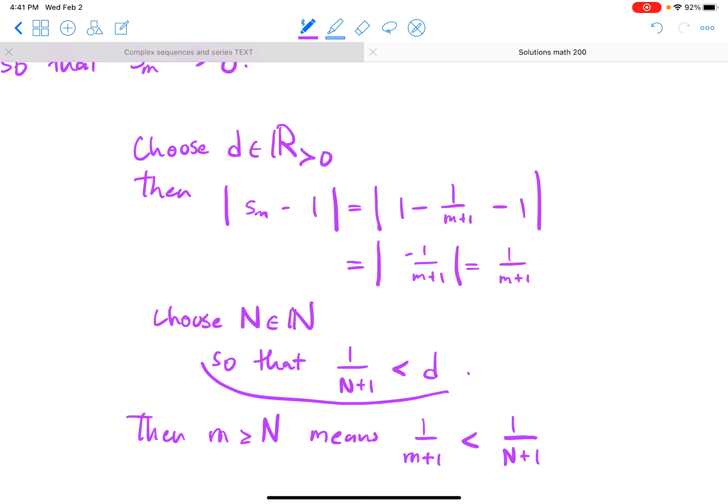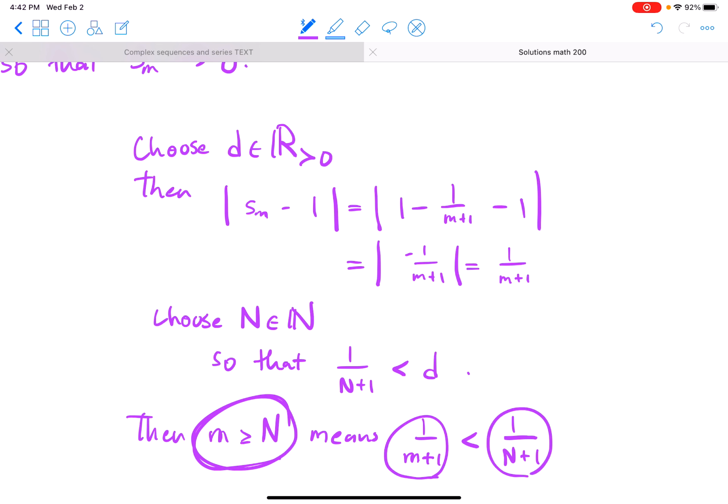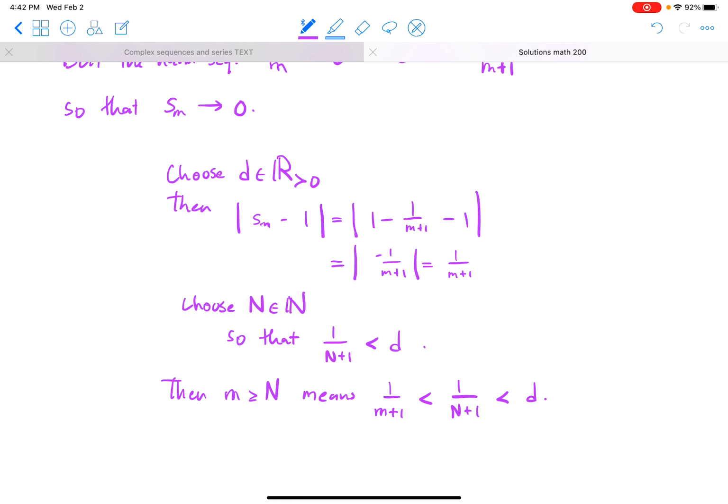Because we chose little m greater than capital N, this fraction is smaller than that fraction. But we know that we chose capital N so that this is less than D. Okay?